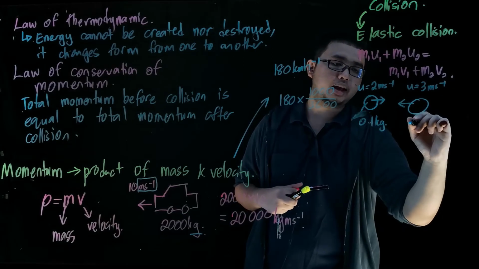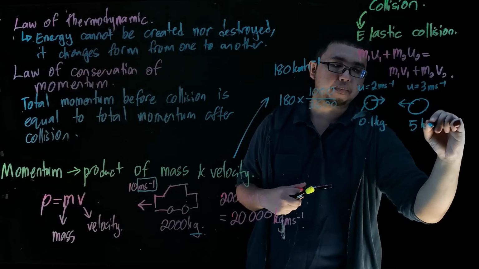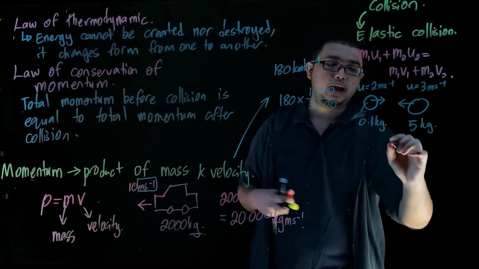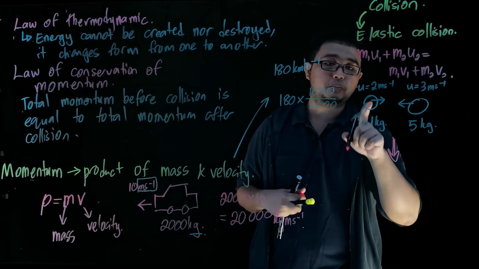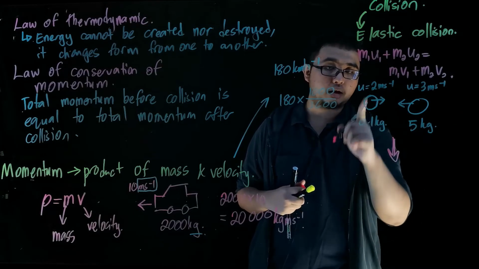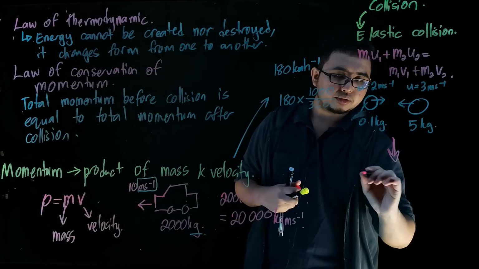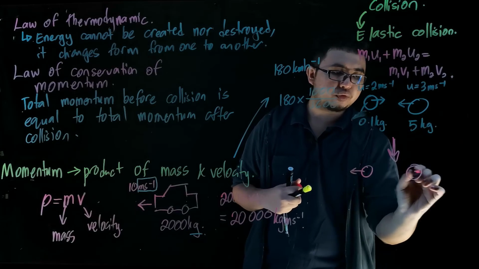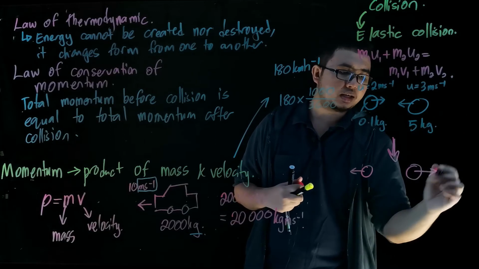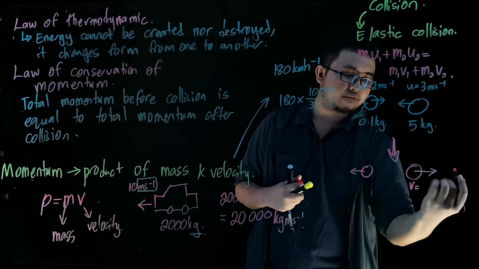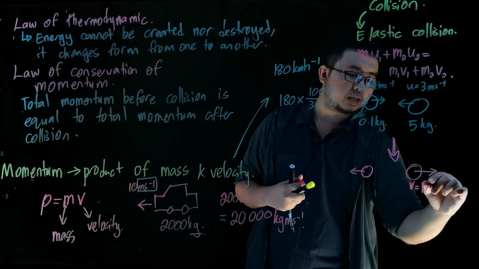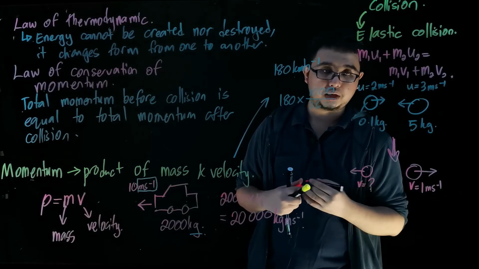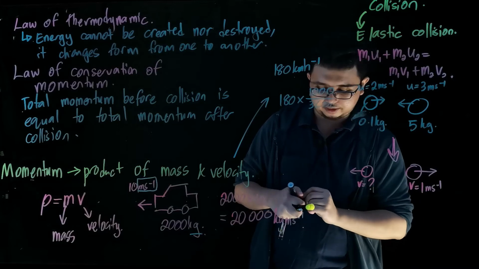Let's just say it has a mass of 5 kilogram. After the collision, I want to find the final velocity of the smaller ball. Let's say both of them move in the opposite direction. Here we have 1 meter per second, and here we don't know the speed. Let's just say this is the scenario.